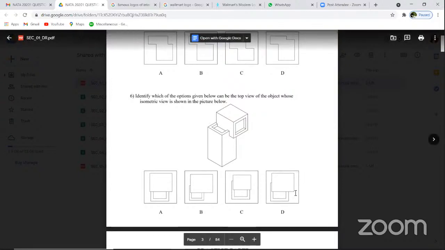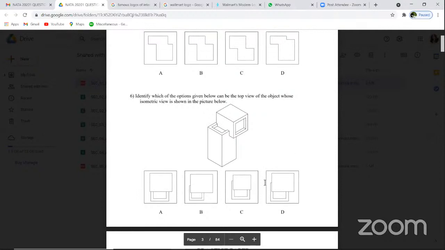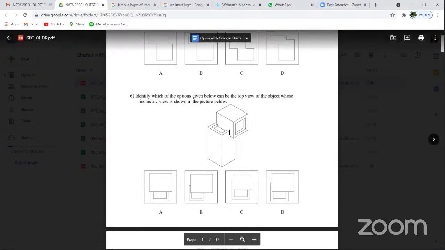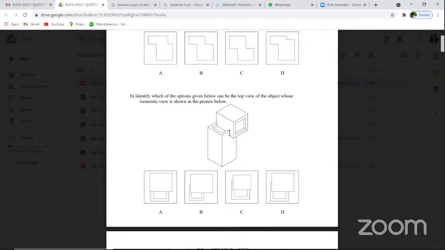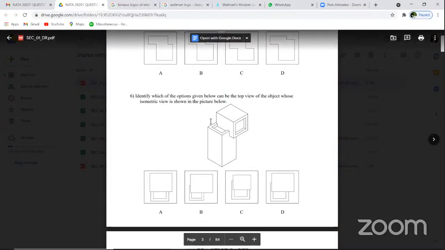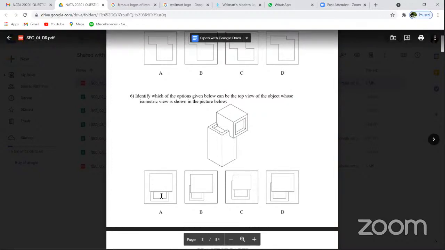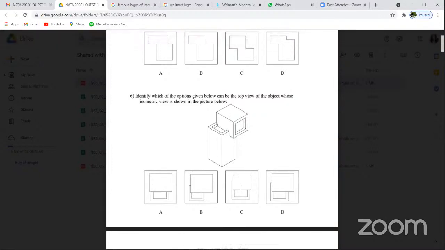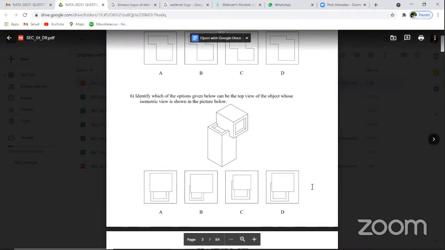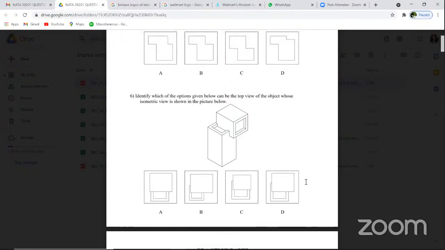Yes, option B would be correct. But that middle distance is less. If you see, this is the isometric view. This looks less, but when you see from top, it will be a bit more. Second thing, all the options have that much distance. Almost. This one doesn't apply because the distance is too long. So the closest, if not the most perfect one, would be D.